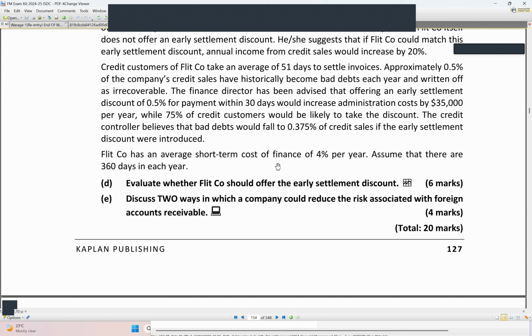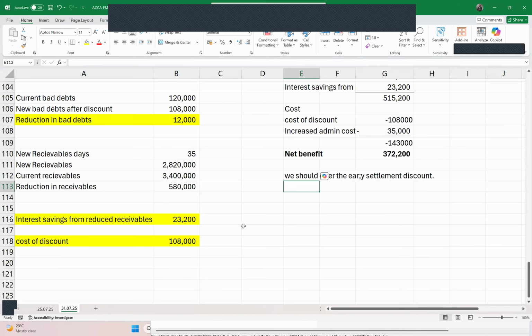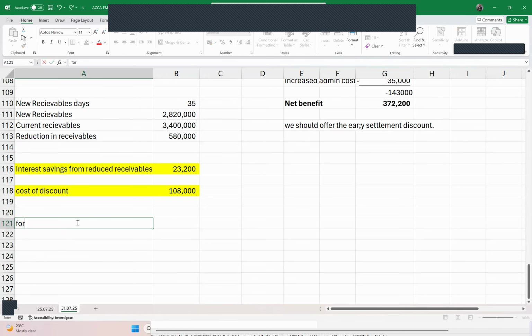Okay, now the last part is asking us how to reduce risk with foreign account receivables. Now, receivables can have challenges, but foreign account receivables have other challenges.